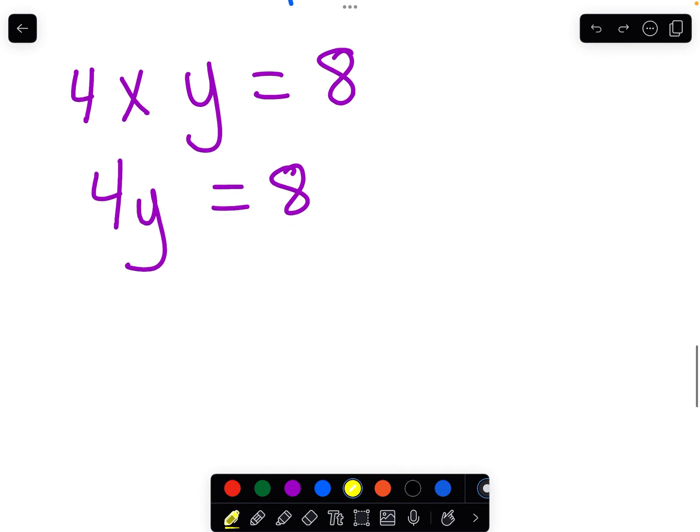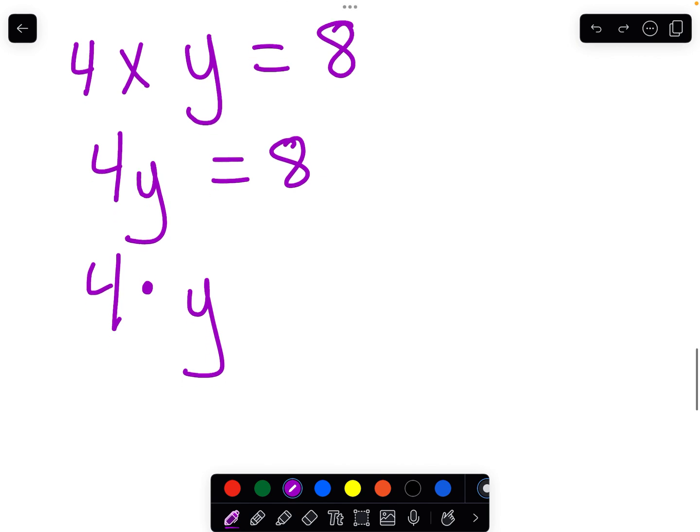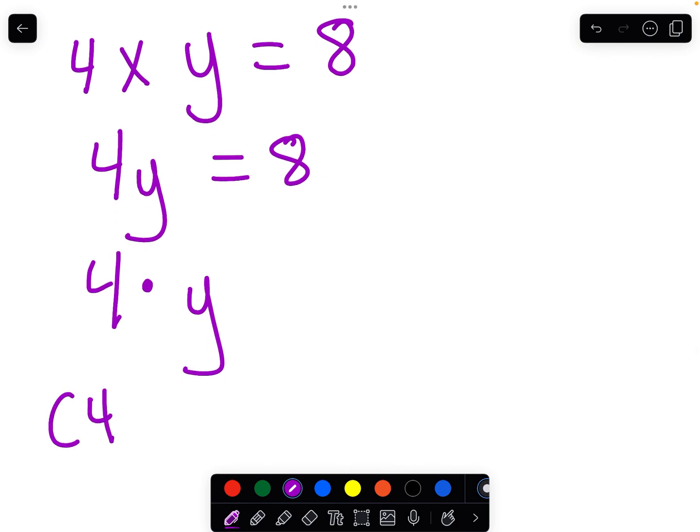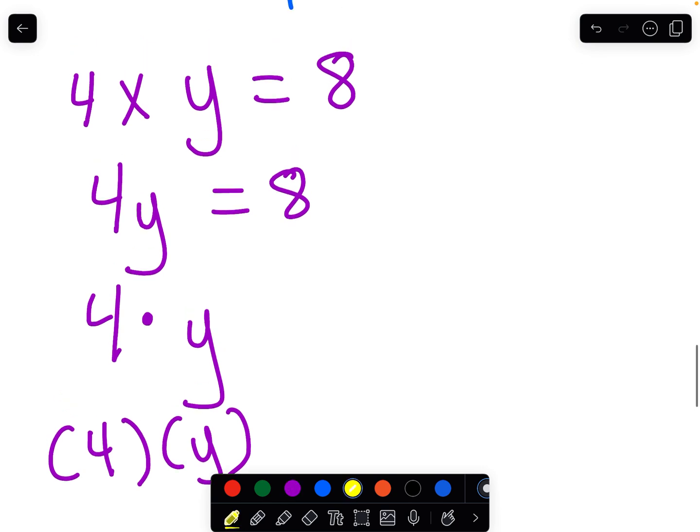Another way that we can express this is 4 with a little dot in the middle, 4 times y. This little dot represents multiplication. There's one other way, which is parentheses next to each other also mean multiplication. But we're not actually going to work on that for a little while. For now, we're mostly going to use a number next to a letter.